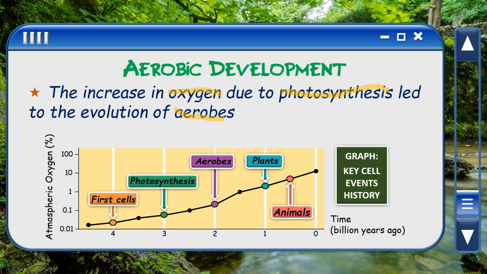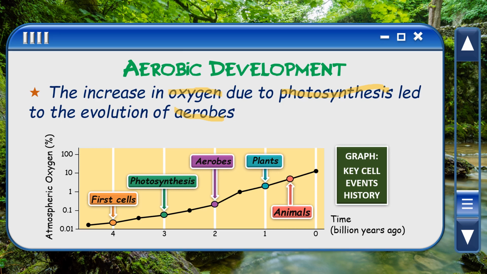And as years went on decreasing, like 4 billion years ago, the first cells were formed. 3 billion years ago, photosynthetic cells were formed, and photosynthesis started taking place. Then aerobes started developing 2 billion years ago.